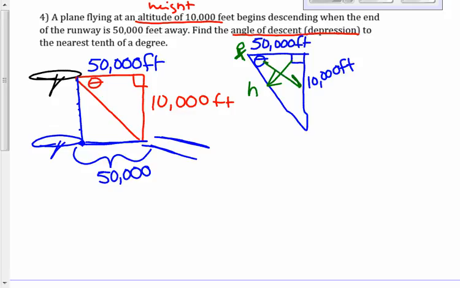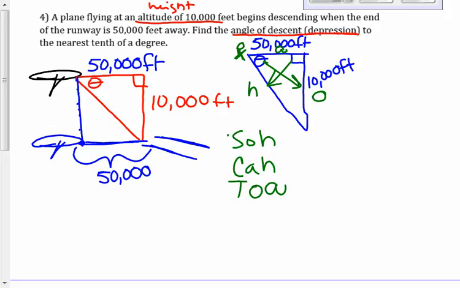Across from us is our opposite, and next to us is our adjacent. So the trig function we're dealing with has an O and an A involved. So if we think back, we have sine, which is opposite over hypotenuse. We have cosine, which is adjacent over hypotenuse, and we have tangent, opposite over adjacent.